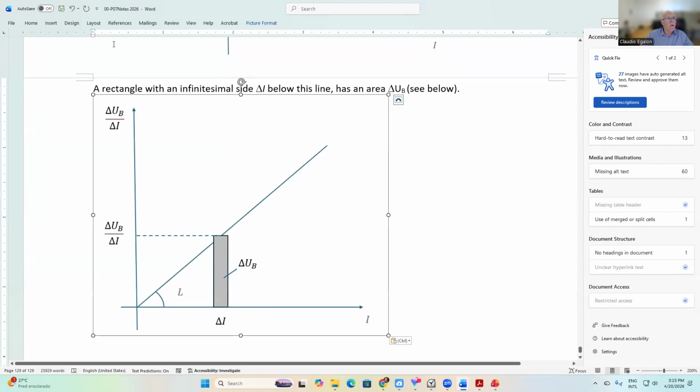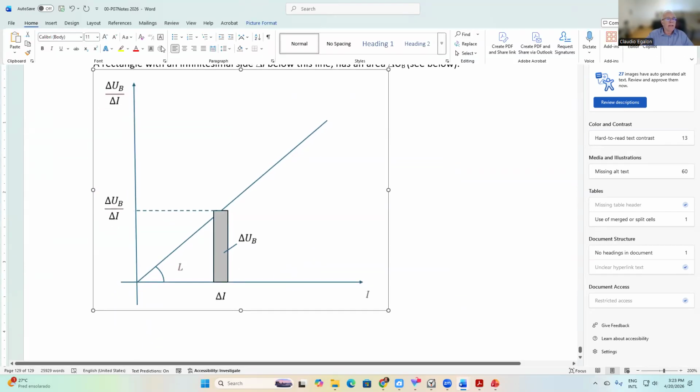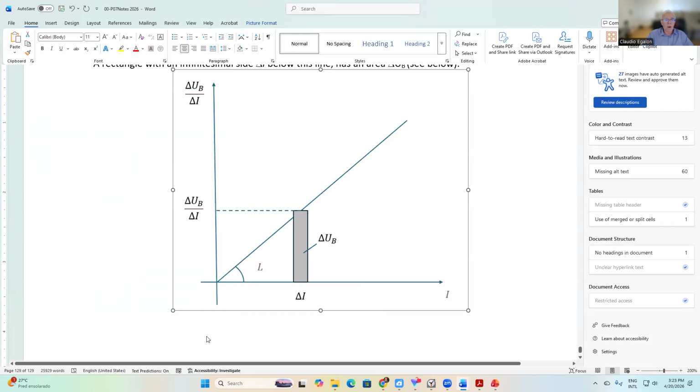So when we do this plot, we draw a rectangle right in here with this side delta I. This side here is going to be delta U over delta I. Multiply this side of the rectangle by this other side, and we get delta UB, the change in potential energy in this region for the current.